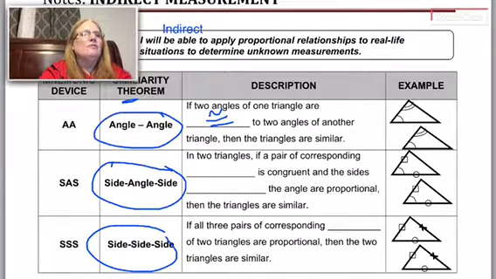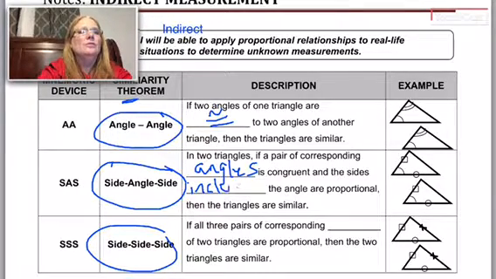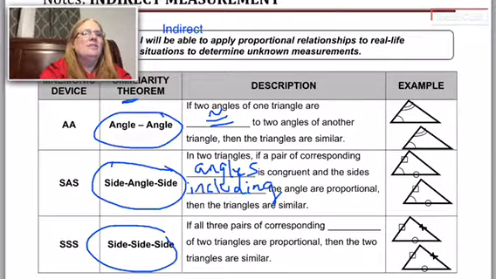In 2 triangles, if a pair of corresponding angles is congruent, and the sides including the angle are proportional, then the triangles are similar. And if all 3 pairs of corresponding sides of 2 triangles are proportional, then the 2 triangles are similar.